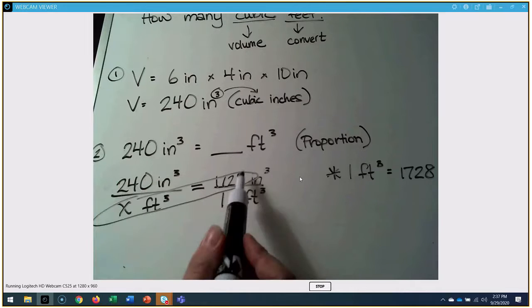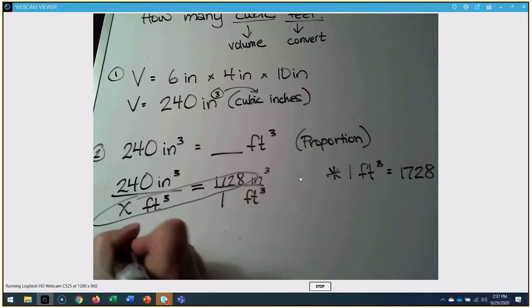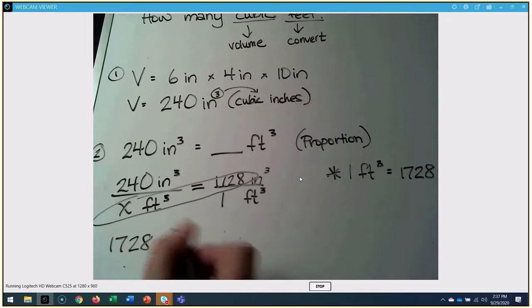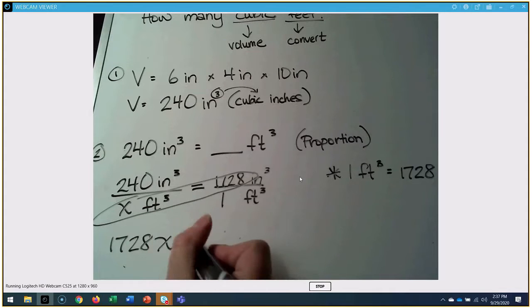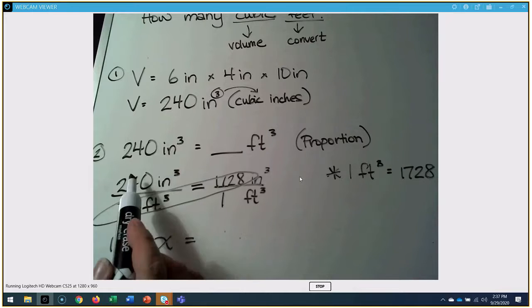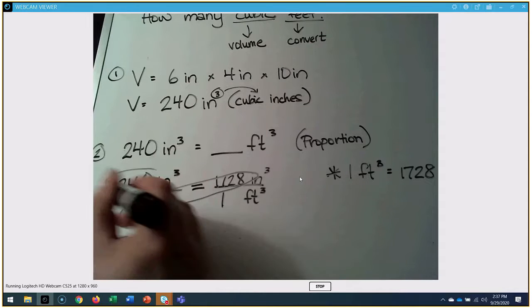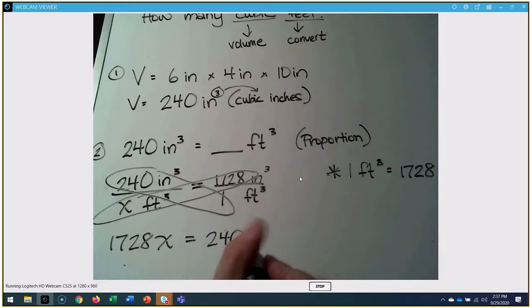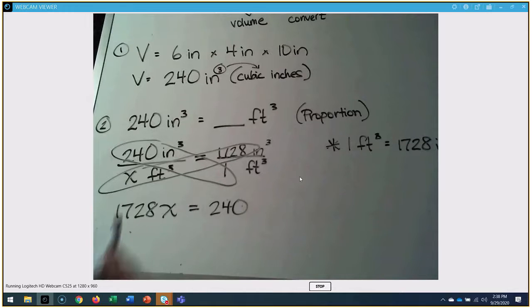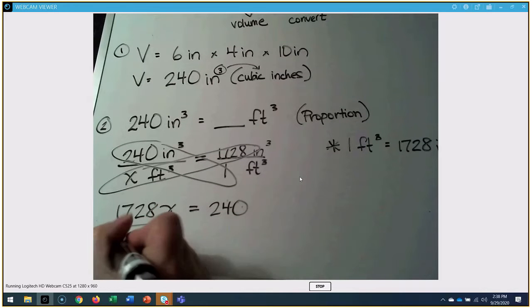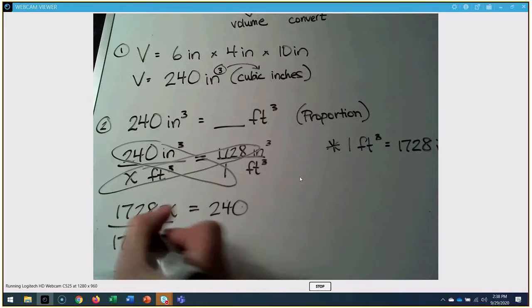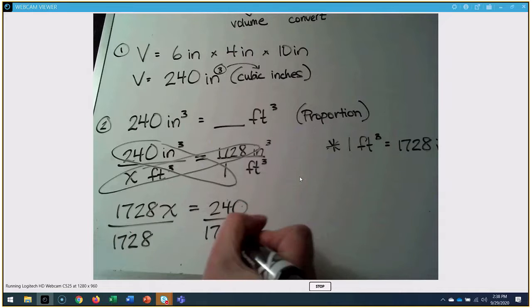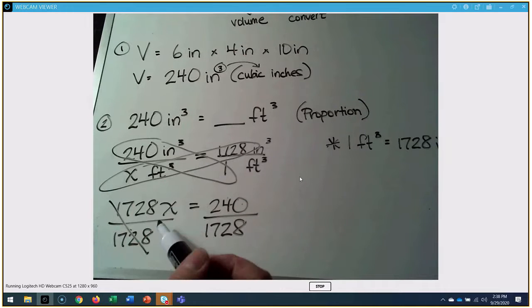So 1728 times x, and it's equal to 240 times 1. 240 times 1 is just 240. Next, I need to divide, which will cancel that over here, and then I'll have my x by itself.